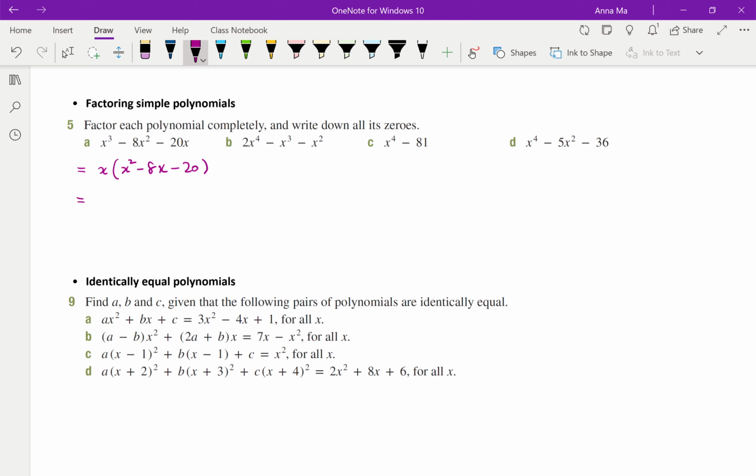Should be an easy factorization of x minus 10 and x plus 2. Easy. And then see how it says write down all its zeros? It's not an equation because we've just simplified an expression, but you can assume that you're solving for this. Hence, your zeros will be 0, 10, -2.